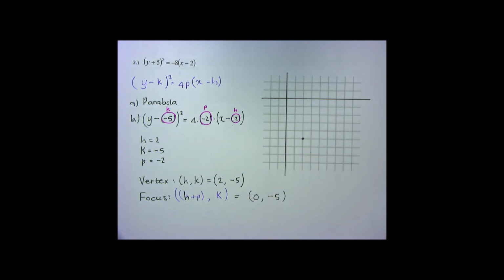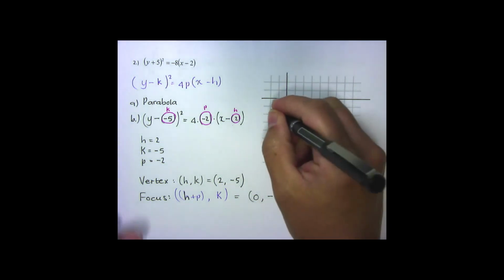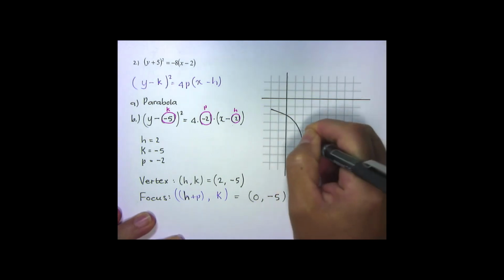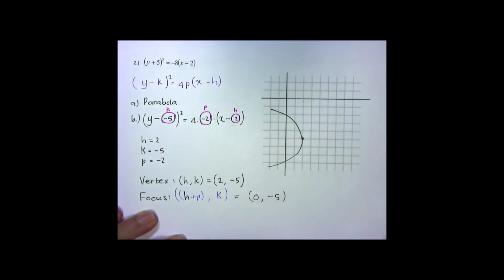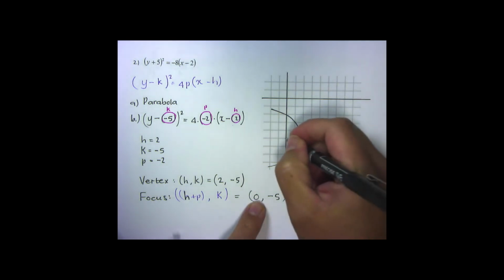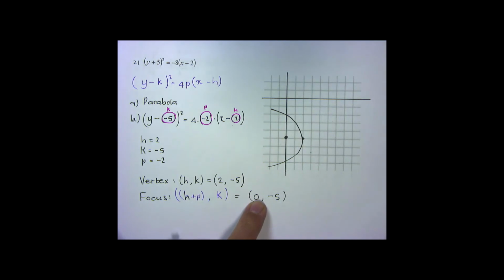This is the vertex. Not necessarily drawn to scale here, but the orientation is going to be in this direction right here. So the focus is going to be at the point 0, comma, negative 5. So that'll be right there. This is the focus of the parabola.